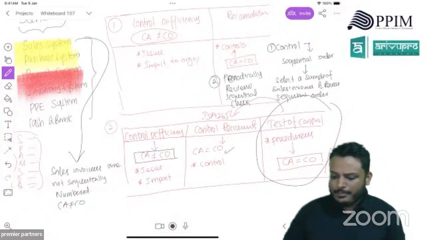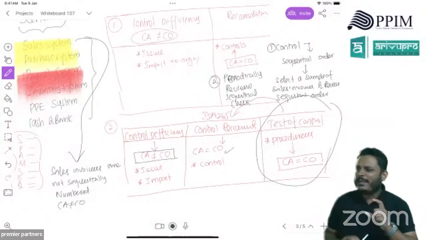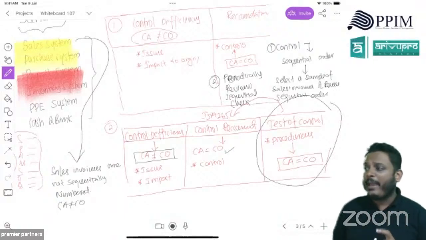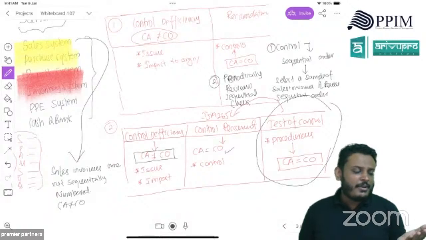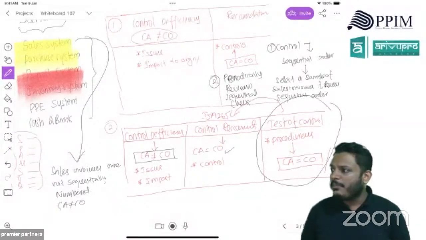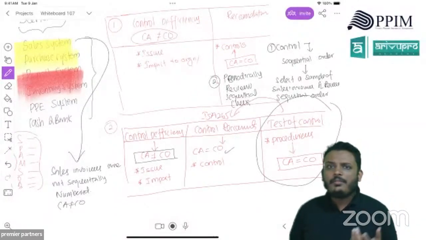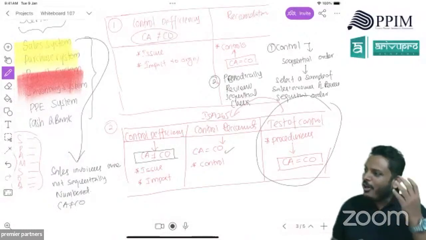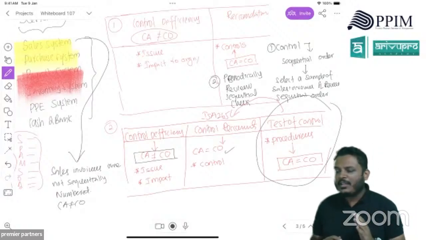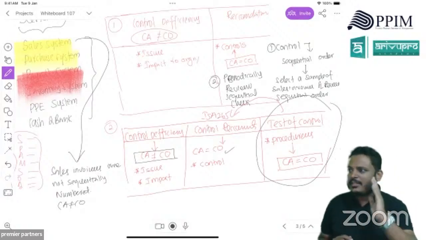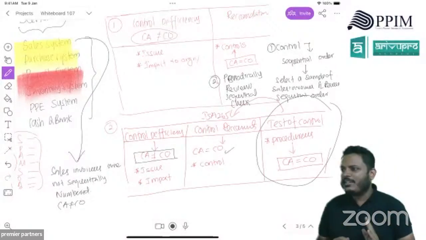Try to understand. These are small explanations only, but they make a big impact in a case study. I know some students say, sir, I'm reading. I ask, what is the question verb? The question verb is test of control. Then why are you reading? You already read the case study. Section A is control deficiency and recommendation, so you already wrote the deficiency and recommendation.